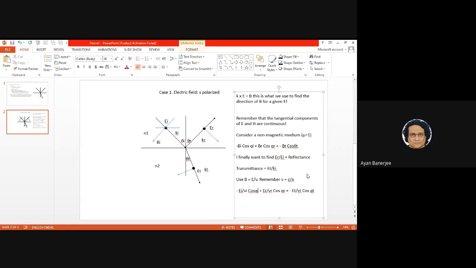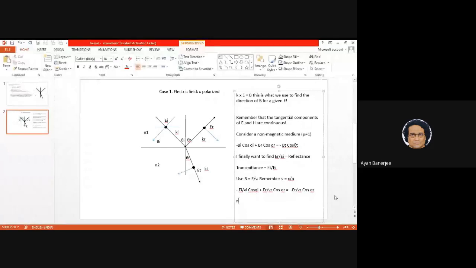Oh, I forgot the refractive index. Whatever. So right now, what I essentially get is cos theta I. By the way, you know that theta I is equal to theta R. So just tell me if I'm right: ER minus EI is minus of NT cos theta T. Is that correct?